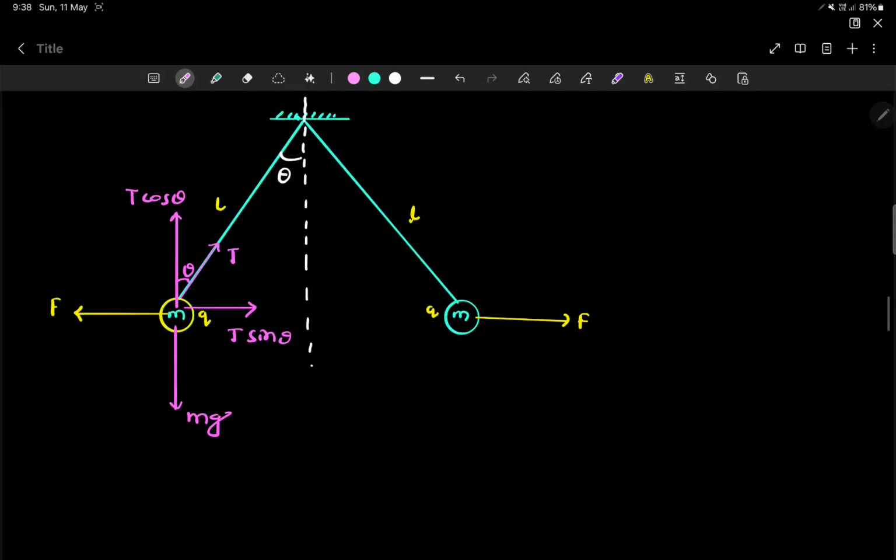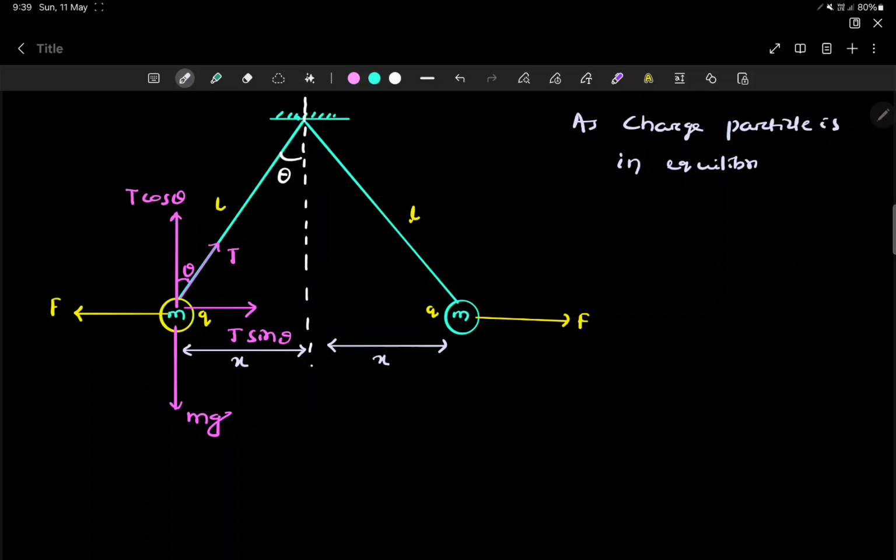And from the vertical axis to the charged particle, let the distance be x. Here the distance is x, here also the distance is x. So from the figure, as the charged particle is in equilibrium, we can write T sin theta is equal to F and T cos theta is equal to mg.